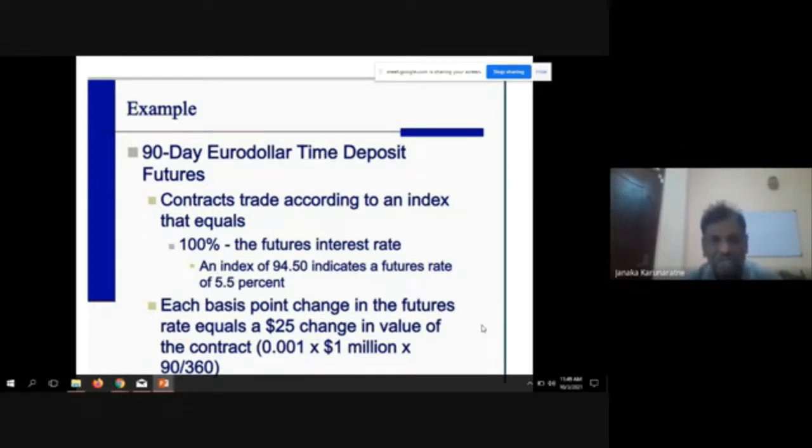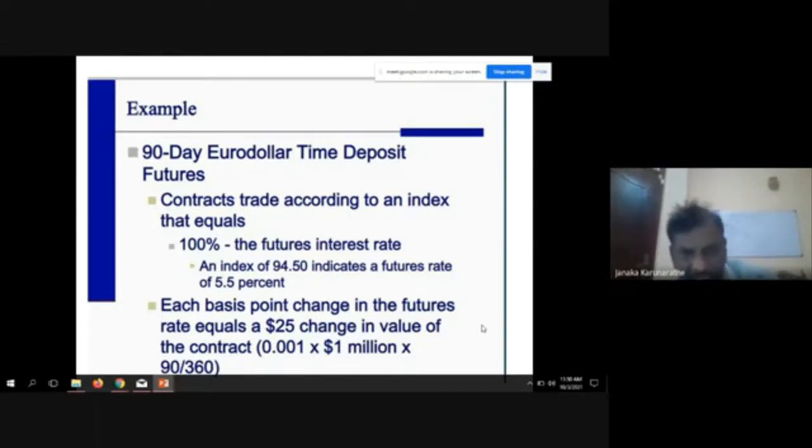Unlike equity, where you get a price, here there is an index. Index means 100% minus the futures interest rate. So if you see a futures index of 94.5%, the futures contract interest rate is 5.5%. That is 100 minus 94.5%.